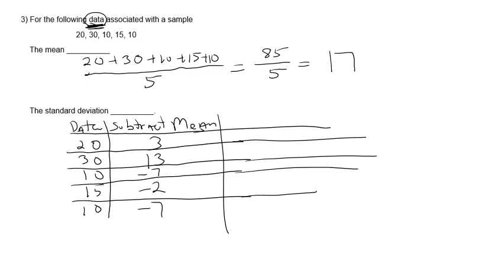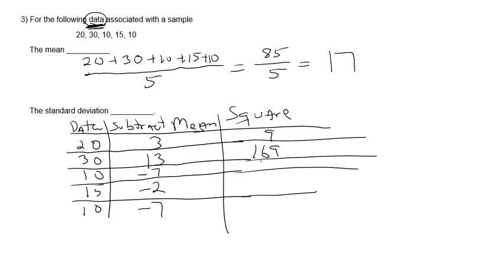After we subtract the mean, we're going to square. So what you should have memorized basically is list the data, subtract the mean, square it. When you square, it's always positive. 3 squared is 9, 13 squared, 169.